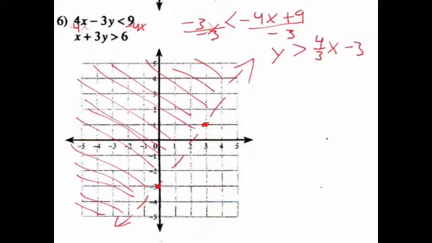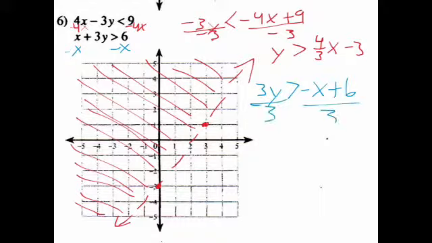And I'm now going to solve this other one here for y. I'll subtract x from both sides to get 3y greater than negative x plus 6. Divide everything by 3. You get y greater than, well, x divided by 3 is just 1/3 x, so I'm going to get negative 1/3 x.